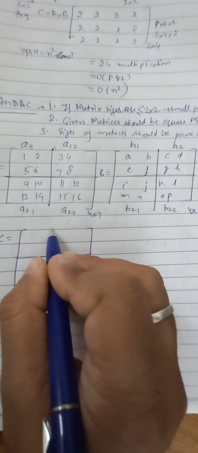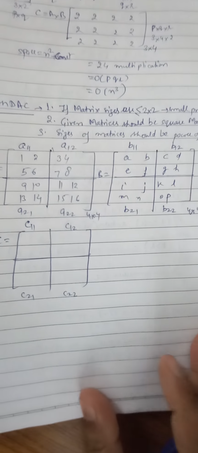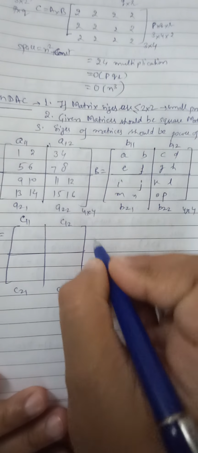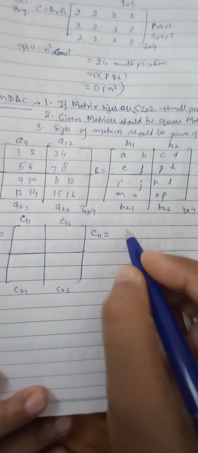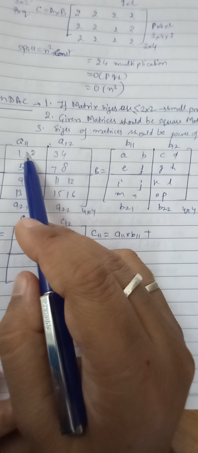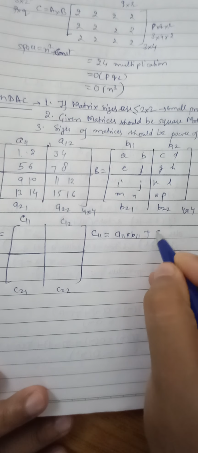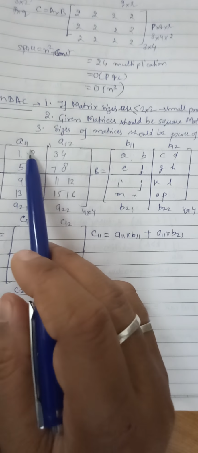If we multiply them, C will be C11, C12, C21, C22. How are we going to calculate it? C11 is equal to A11 into B11 plus A12 into B21, row versus column.